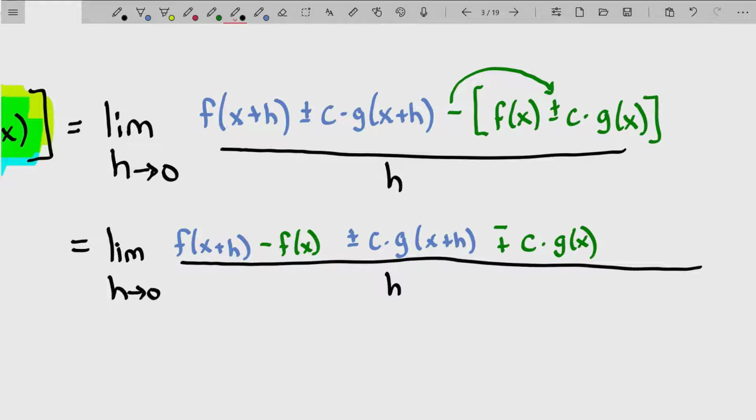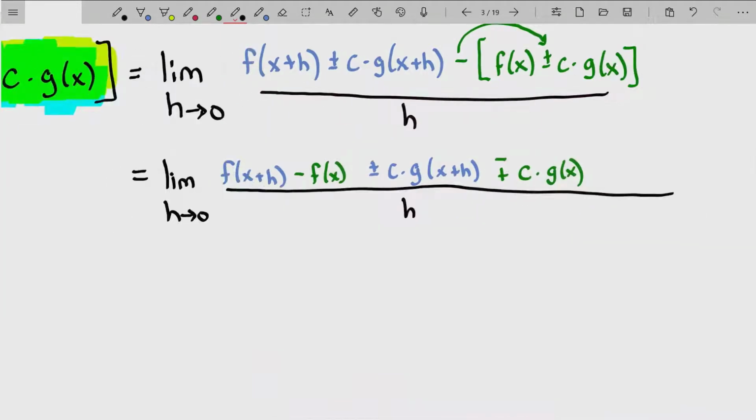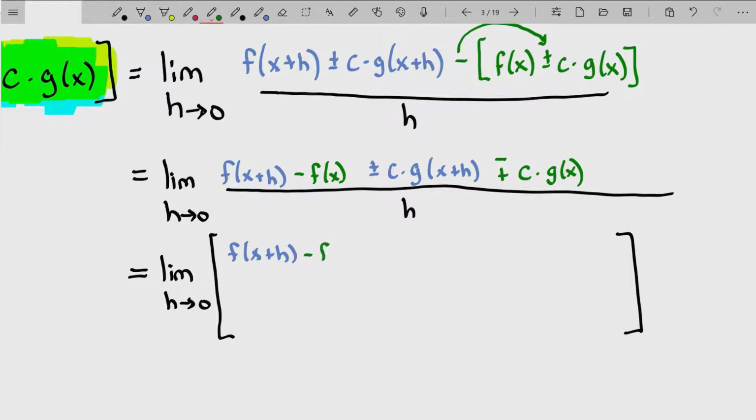Well, there's good news here. I can do some arithmetic. My arithmetic is just breaking apart a fraction, and we know we can do that. We can write this as two completely separate fractions. The first one being f of x plus h minus f of x, and that is all over h.